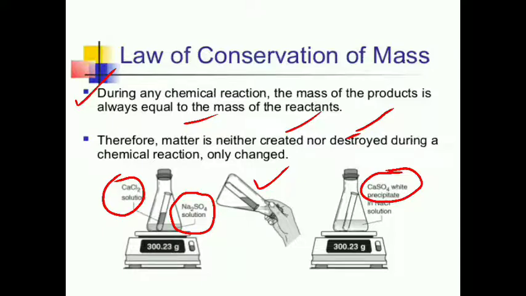So the point which you can note here, this is all experiment, that before the reaction taking place, the mass of reactant is found to be 300.23 gram, and after the reaction took place the mass is found to be the same.